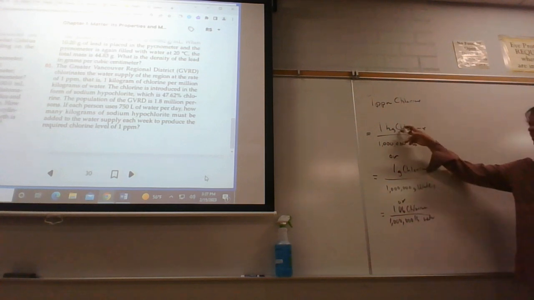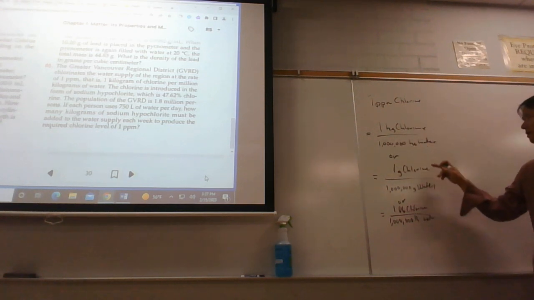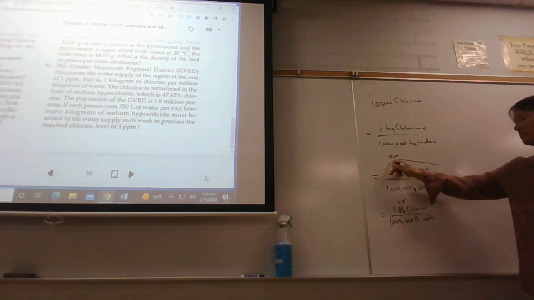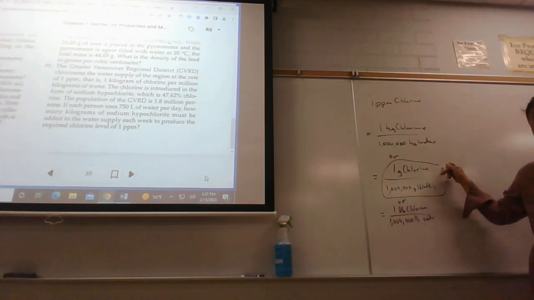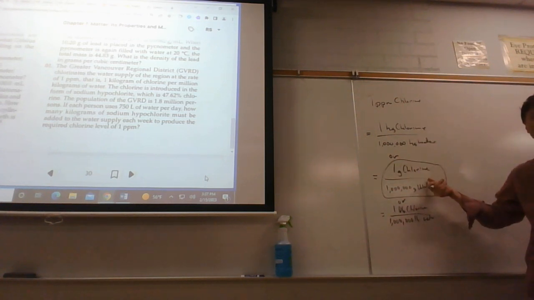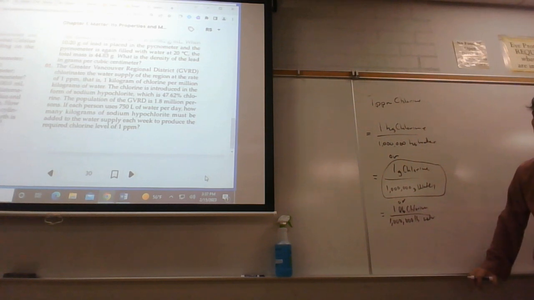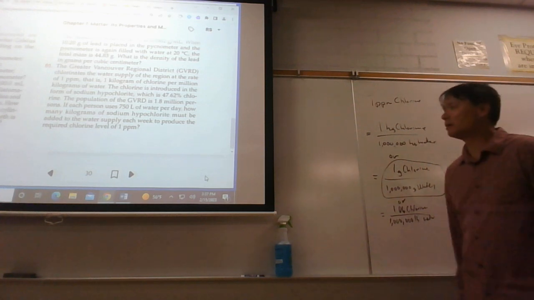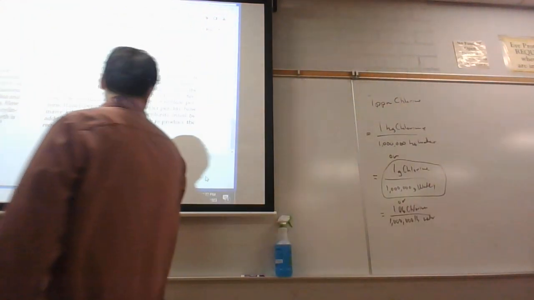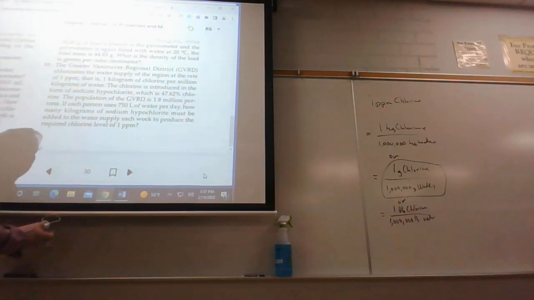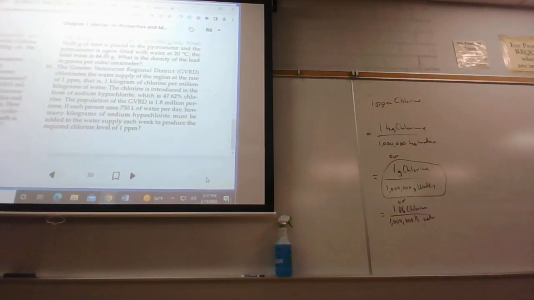I don't like these other units, like pounds per pounds or kilograms per kilograms. I like grams, so I'm just going to use this, even though they give us this. Because I like to write it the same way each time, which is good and bad. It's easier to remember, but there are other ways of doing it. You don't want to get stuck.